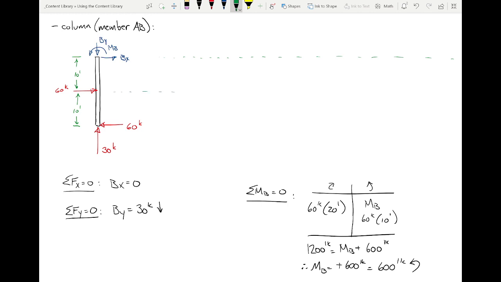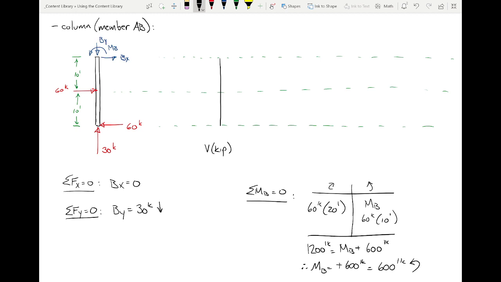What I can do is do this. So see what I'm doing here? Imagine I took this member and sort of did it like that. I'm going to draw the shear and moment diagram off to the side, okay? So we'll put our shear diagram right here. Now, if you remember before, there were the little tick marks that I did for the beams.